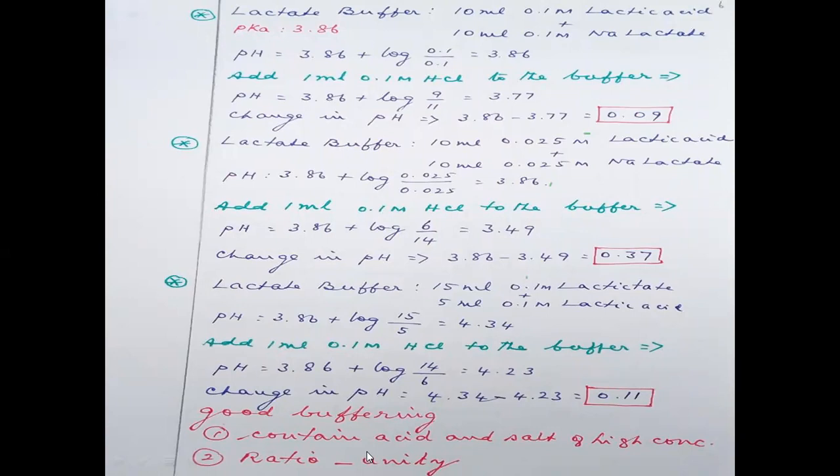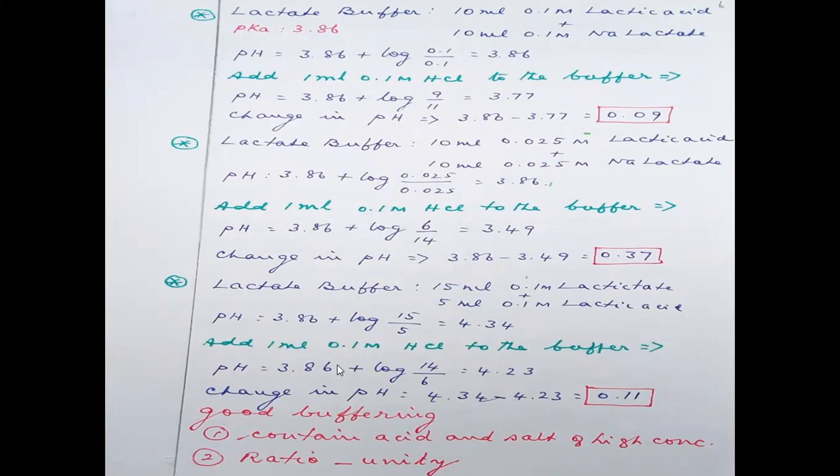In the third case, I am taking different quantities. Instead of changing the concentration, I have just changed the volume. So pH is equal to 3.86 plus log, taking 15 ml of 0.1 molar lactate and 5 ml of 0.1 molar lactic acid. Now the new pH is 4.34.